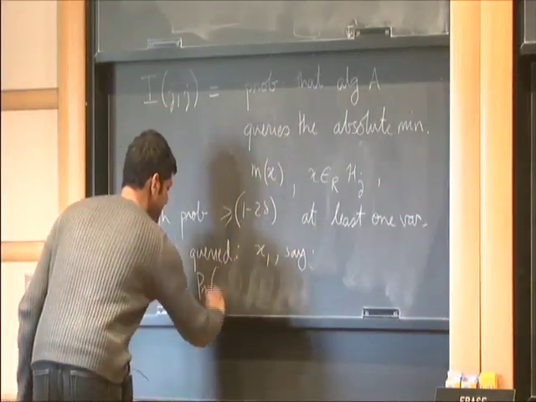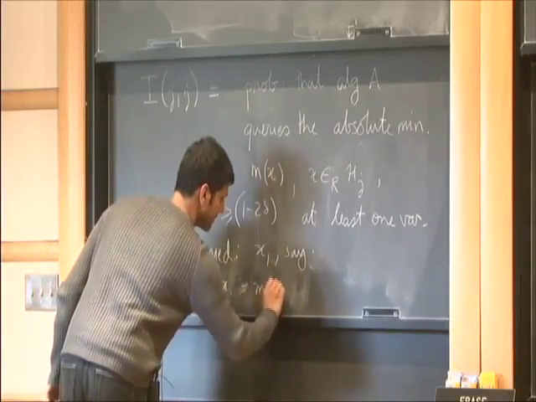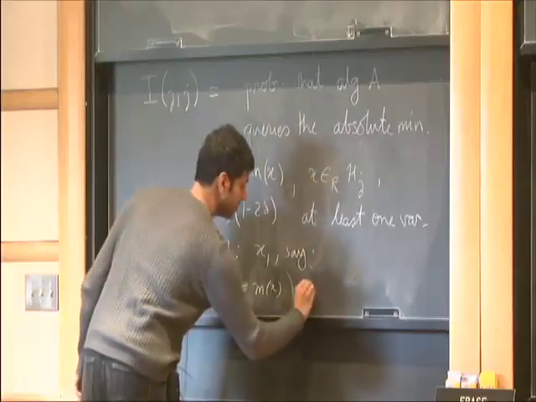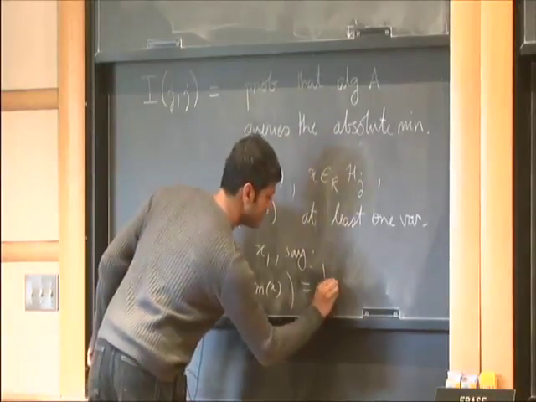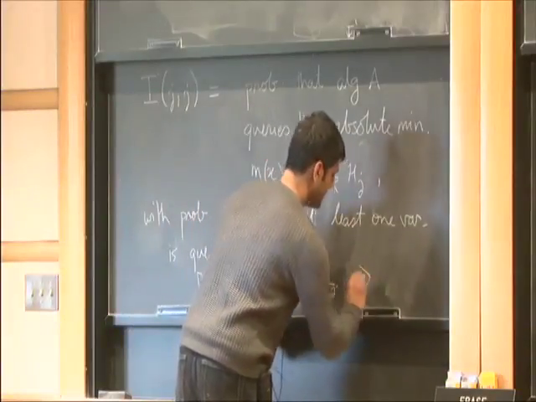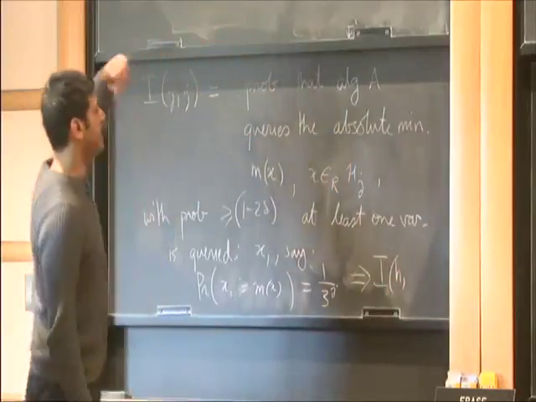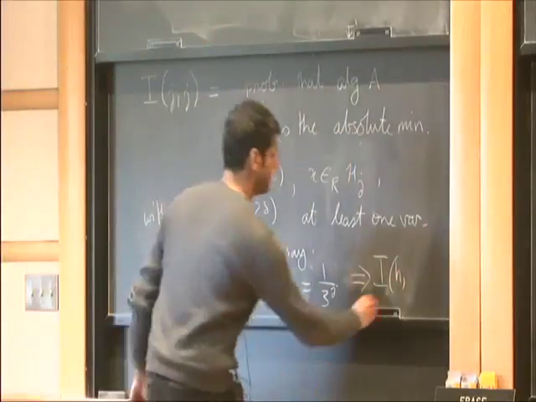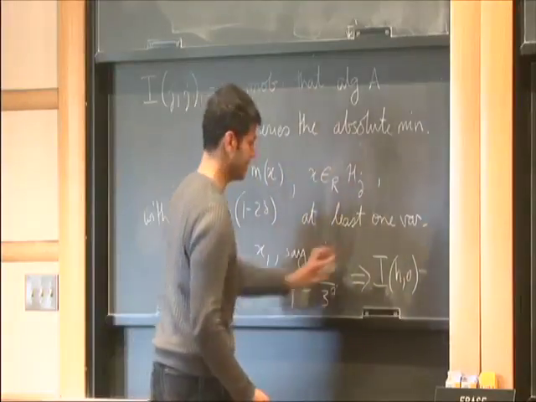So the probability that x1 is the minority is exactly 1/3. In fact, in this case, it's 1/3 to the j. And this implies that I of h, 0 is, maybe I'll use a different board.